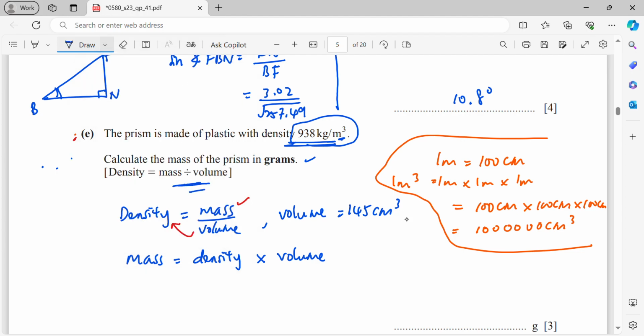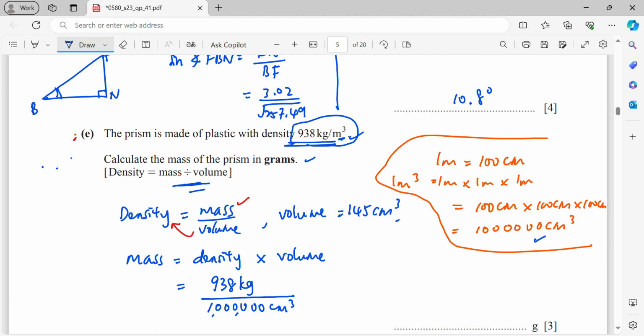Therefore, I will say that the density is 938 kilograms per meter cube. So the meter cube I change to centimeter cube because my volume is in centimeter cube. So per means over 1 here. I mean this is basically 1 million.